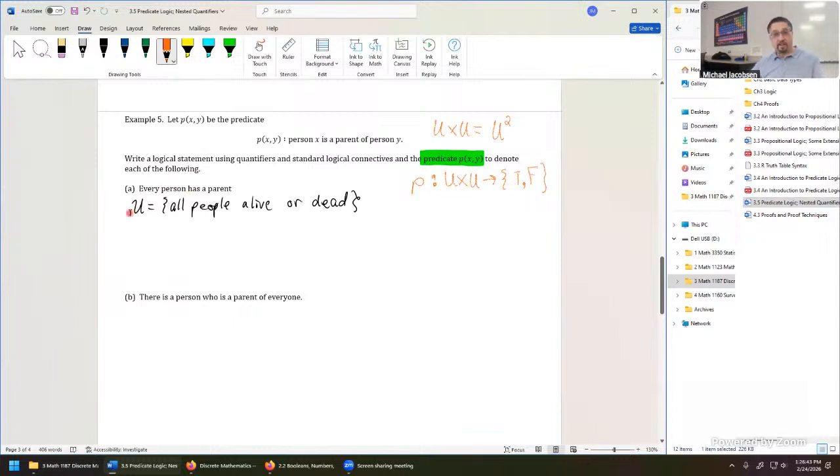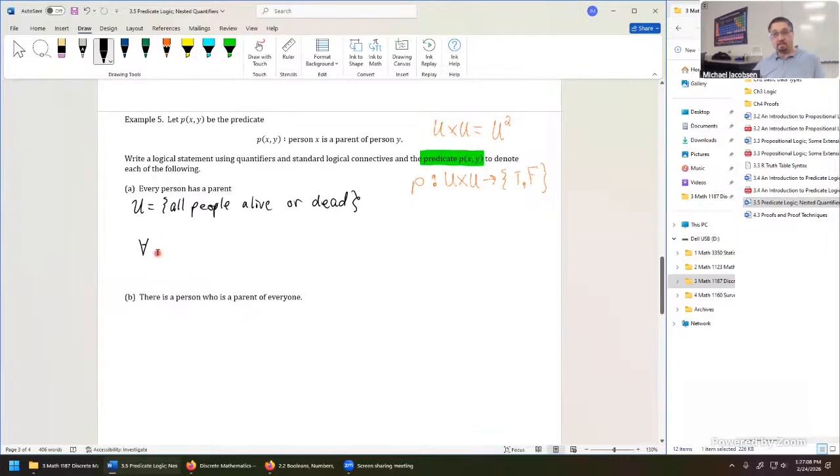We now have a bona fide domain of discourse, and so now we can write a pretty precise statement. It says every person has a parent, and that sounds like a true statement. We can begin by writing for all. That makes sense because we're starting with every person, but we have to be really careful at how we put this together.